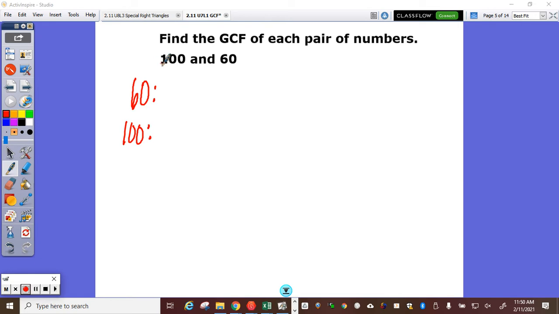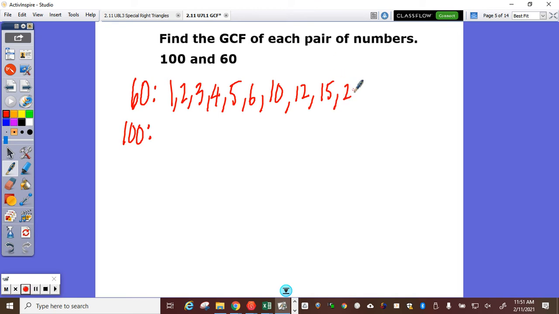Let's list the factors. 1, 2, 3, 4, 5, 6. Then we get to 10, and we start working backwards. So 6 times 10, 60. 5 times what? 4 times what? 3 times what? 2 times 30, and 1 times 60.